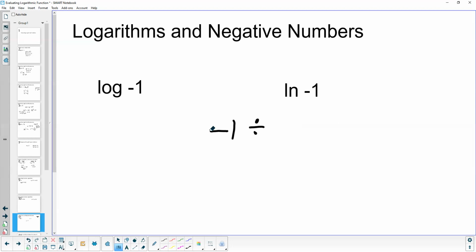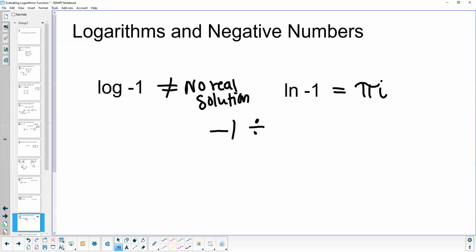And you may be asking yourselves, what if we put it to a negative base? Well, by the definition of a logarithmic function, our base has to be a positive number. Therefore, it's impossible for us to do this. This does not make a real answer, so no real solution. Now, there is a solution in the imaginary numbers if you want to explore that complex there. It's actually really interesting what the natural log of -1 is. It doesn't equal a real solution, but in the imaginary numbers, it's actually pi times i.